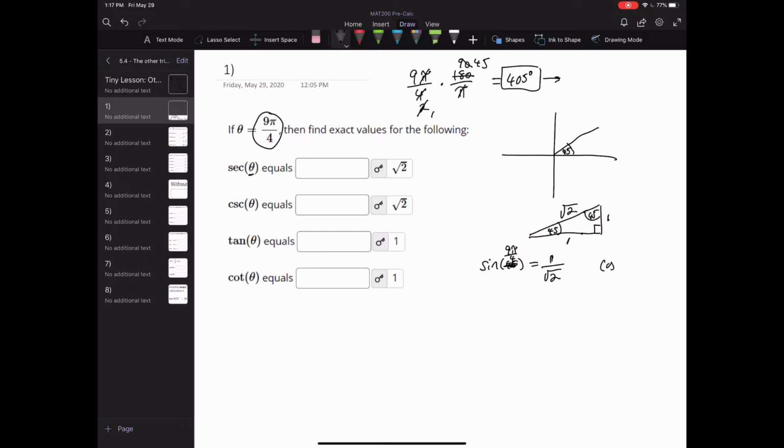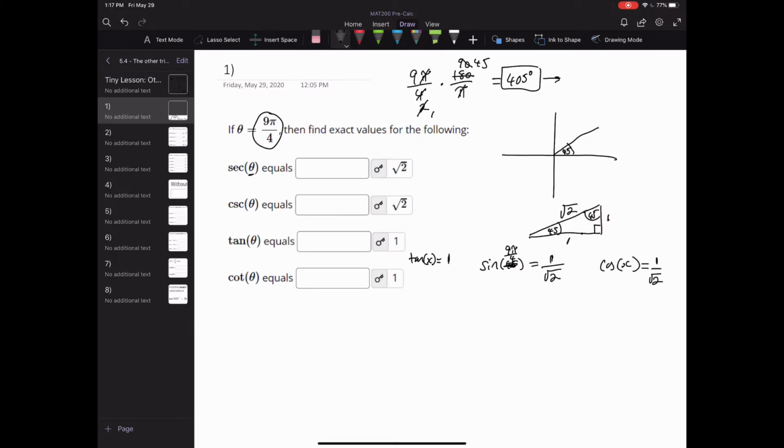Let's do the same thing for cosine. I'm just going to call it x. Cosine is adjacent over hypotenuse. They're both the same. And now, let's do tangent as well. Let me write tangent on the side here. Tangent of 45 is 1 over 1, which is just 1.